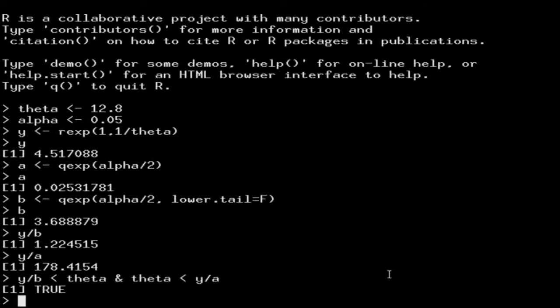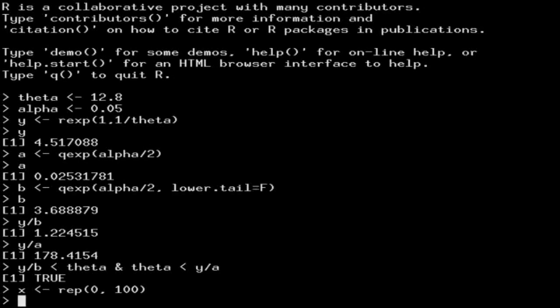Well, let's test that. Let's say that we had 100 researchers and we wanted each one of these 100 researchers to do this experiment. So we've got a vector of zeros that's 100 long, and now let's do a loop for i in 1 through 100.